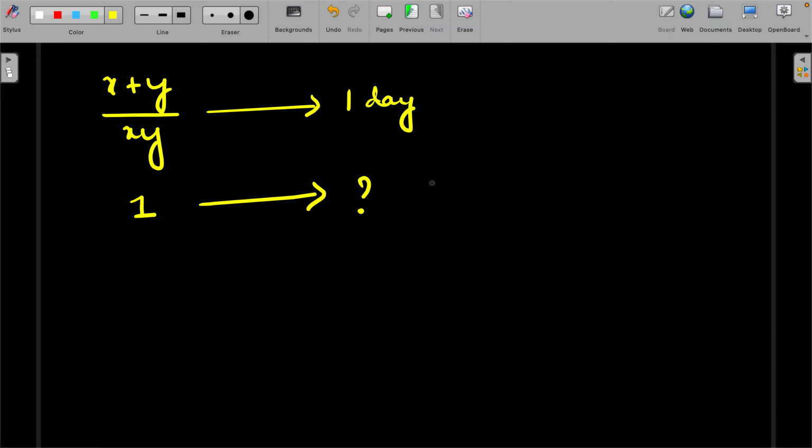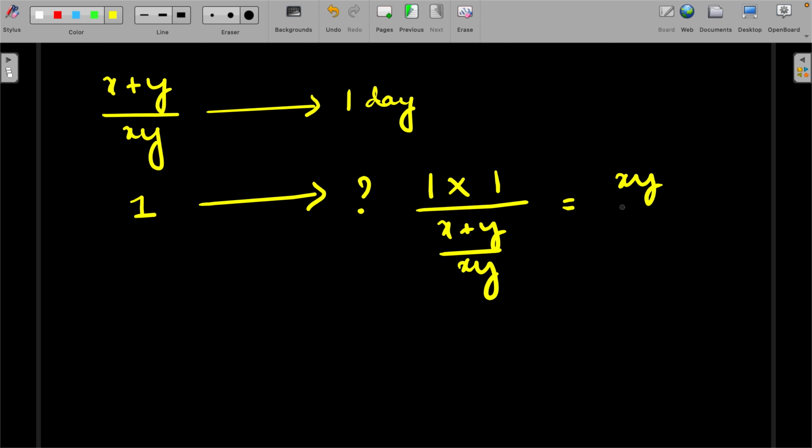So this can be done in 1 into 1 by (X plus Y by XY) days, and this can be written as XY by (X plus Y). So this is the total number of days it will take to complete the same work if they both combinedly do it.